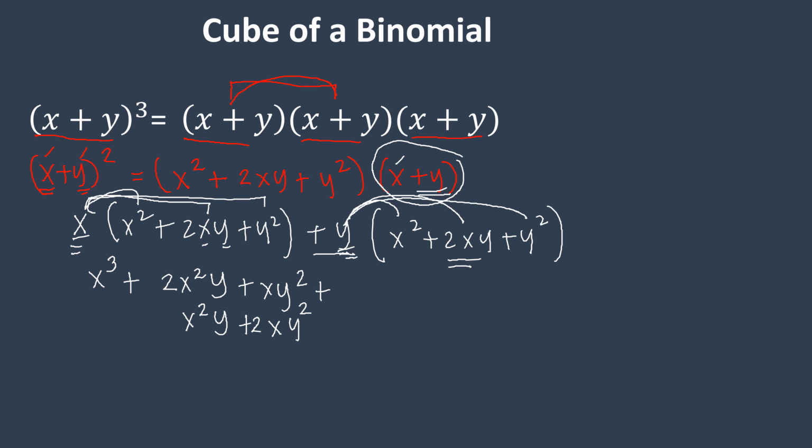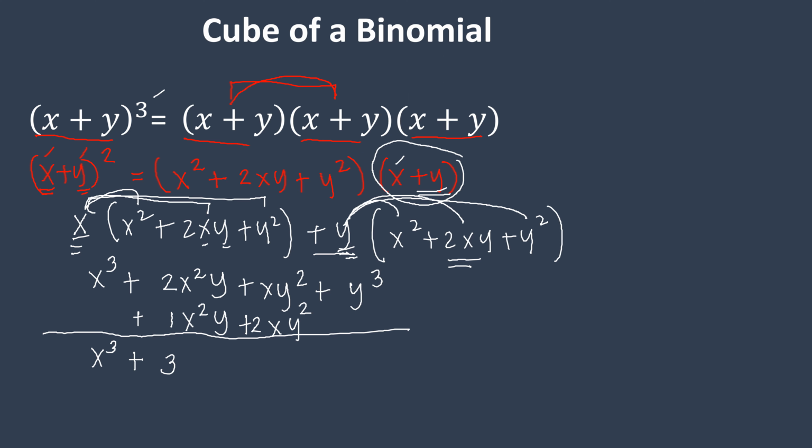So therefore, we are now ready to get the vertical sum to get the final product of this cube of a binomial. You just bring down the x cube, and then plus. There is an imaginary 1 in there, so it's understood 2 plus 1.